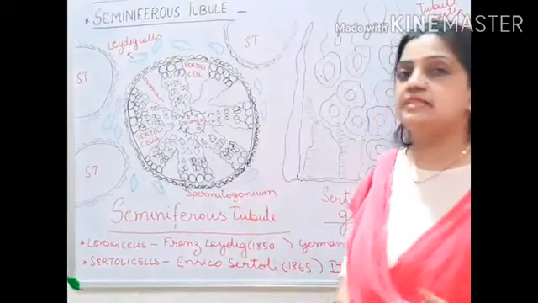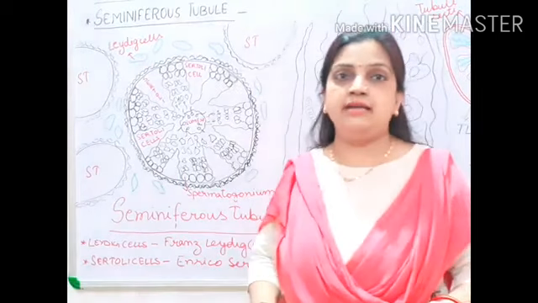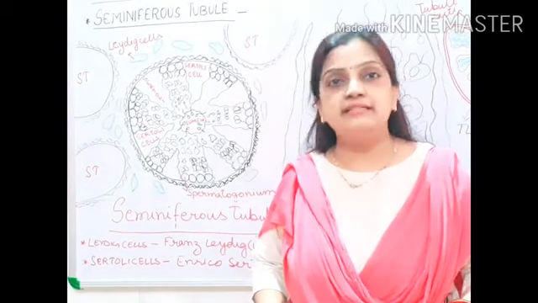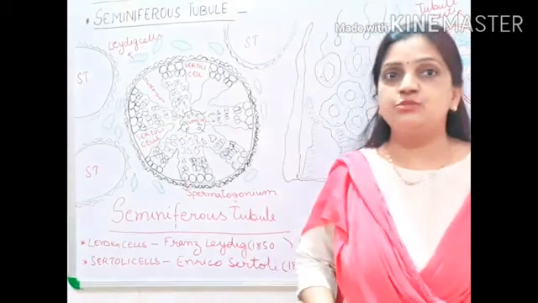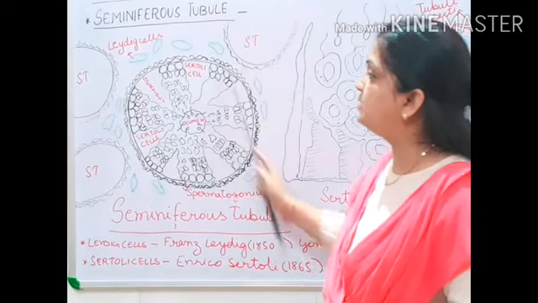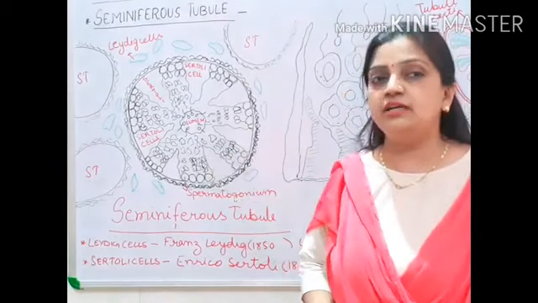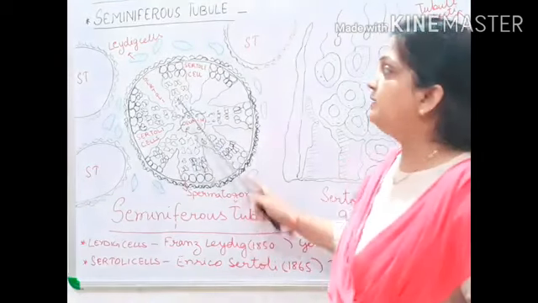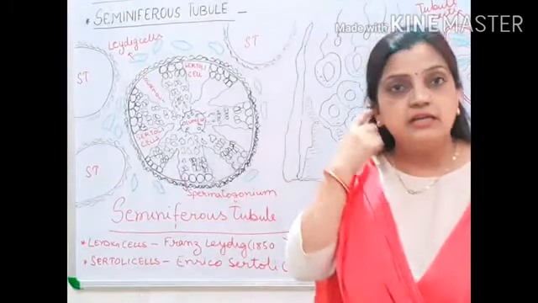These Sertoli cells are also called supportive cells, or nurse cells. Supportive cells, why? Because these Sertoli cells will be supporting the development of the spermatozoa. And why are they called nurse cells?